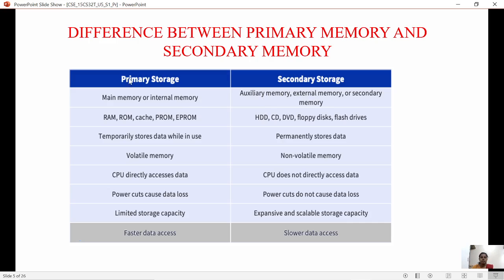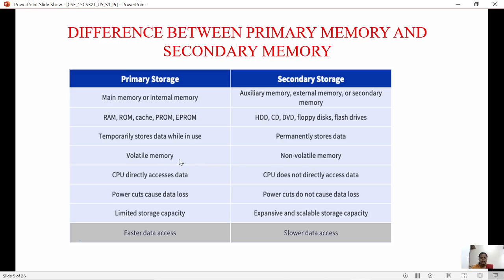The best examples for primary memory are RAM, ROM, cache, PROM, EPROM, etc. In the same way, examples of secondary memory are hard disk drive, CD, DVD, floppy disk, flash drives, etc. Primary memory stores data temporarily, but secondary memory stores data permanently. Primary memory is volatile in nature. Secondary memory is non-volatile.